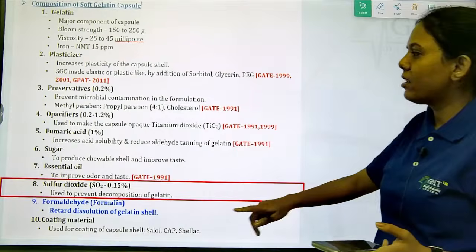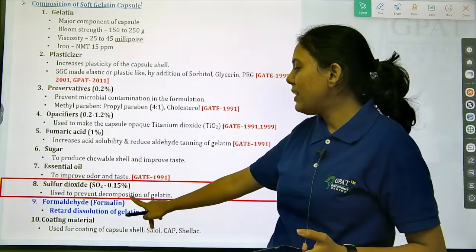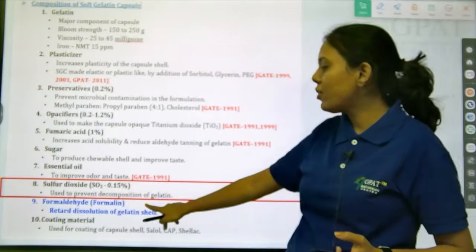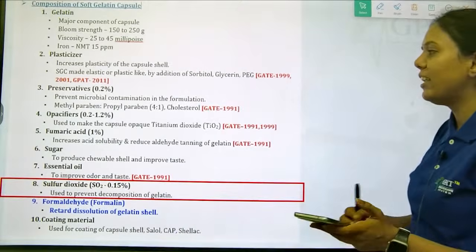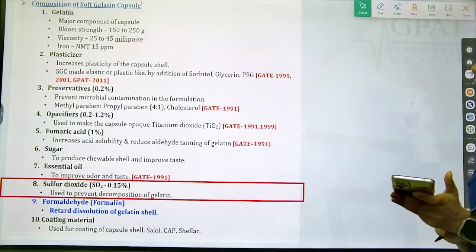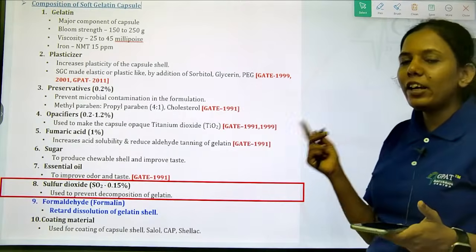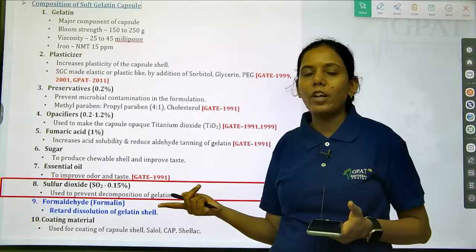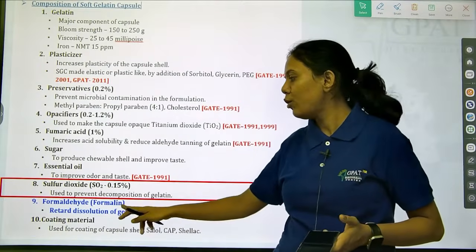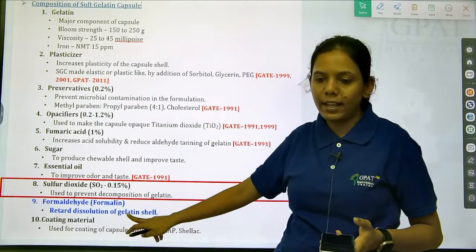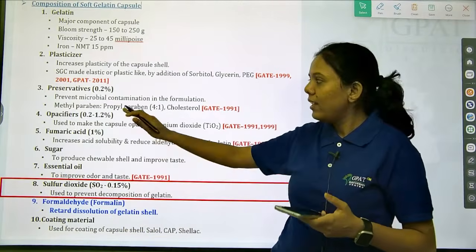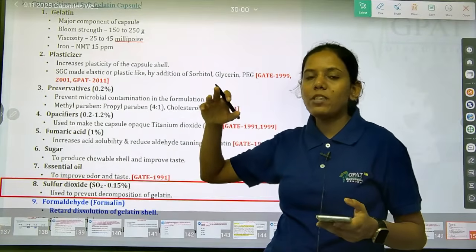So here some question was there, right? So basically used to prevent the decomposition, retard dissolution of gelatin shell. I will come to that point. Fumaric acid increases the acid solubility, but there they did not mention if it is acid solubility or what. Directly they mentioned the dissolution. So anyways, formalin should be the right answer. I think this is the same explanation that was there for that question.